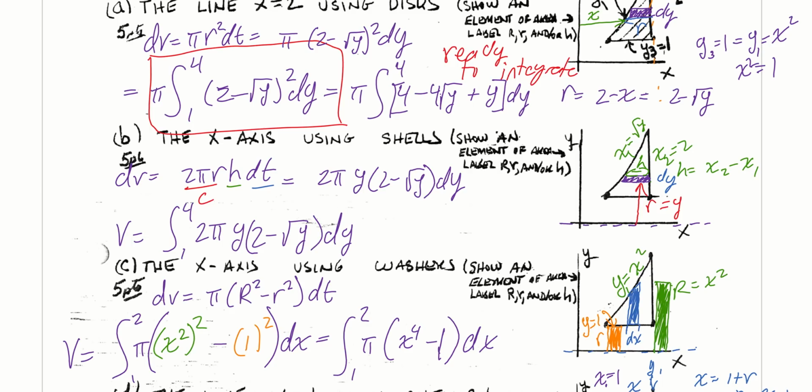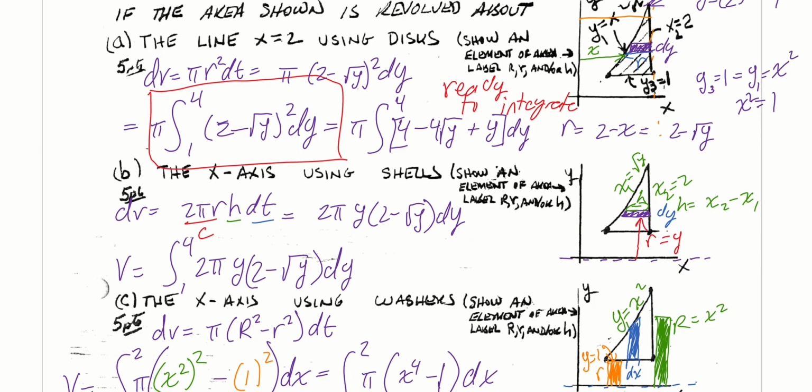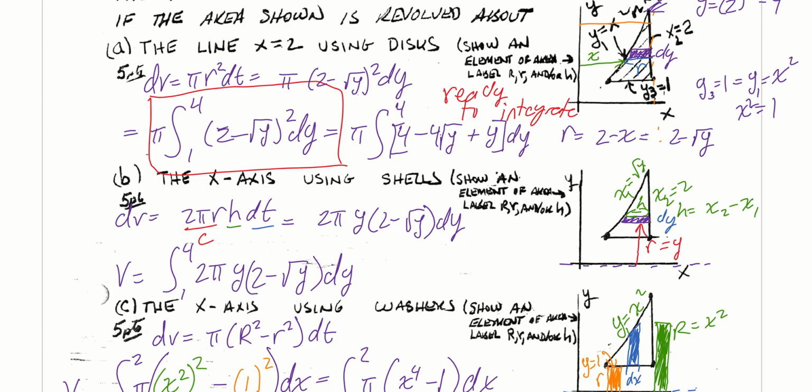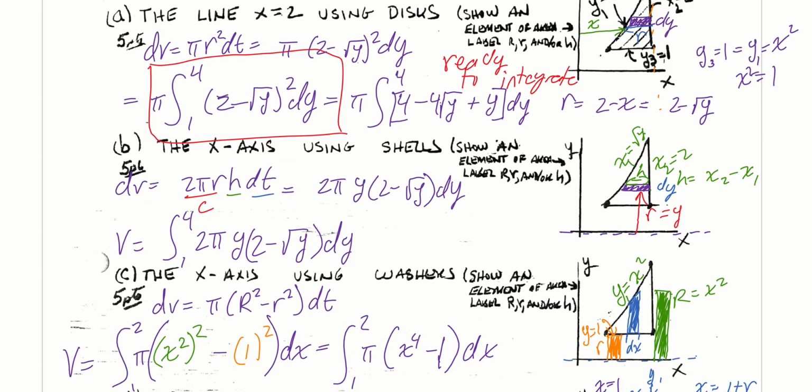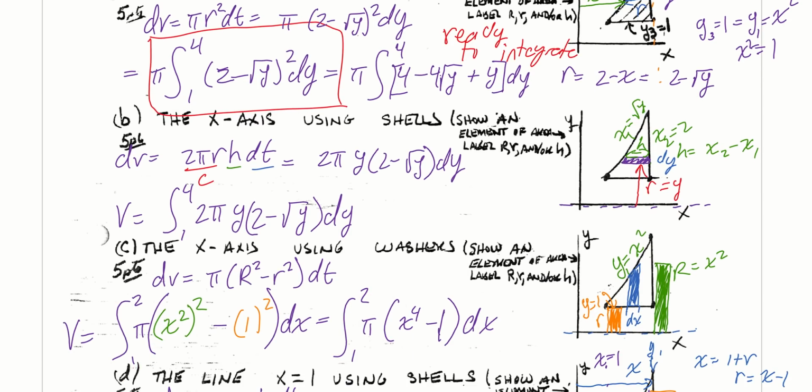Again, same deal. And that height is just going to be the top minus bottom, or right minus left, whatever you have to do to get that height, and with your dt. And your element of area, your strip, has to be parallel with your axis of rotation for shells, and then vice versa for discs and washers.